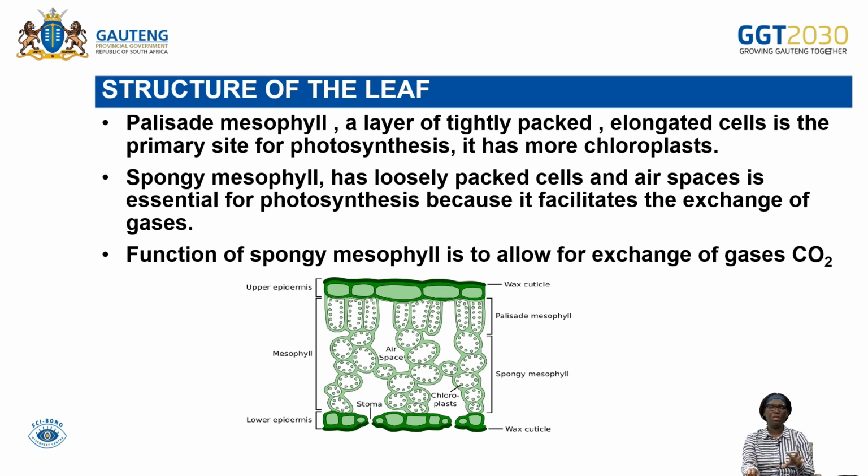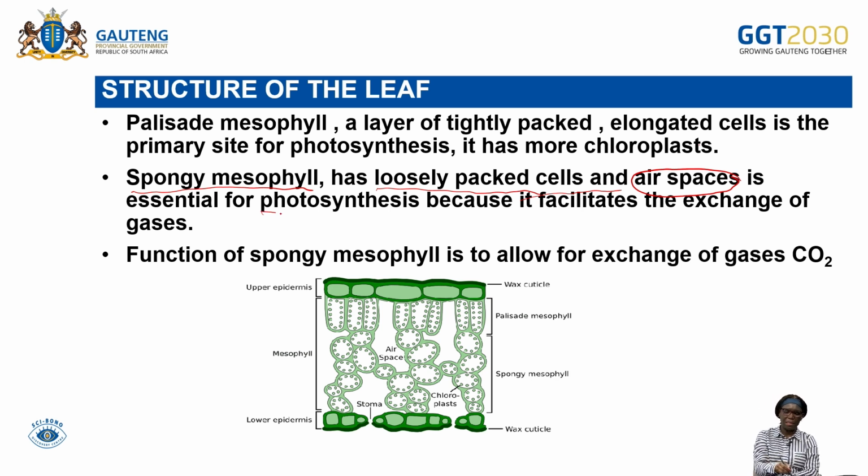We have the spongy mesophyll. Now you will understand the structural differences between the palisade mesophyll and the spongy mesophyll. The spongy mesophyll has loosely packed cells, and it has some air spaces.